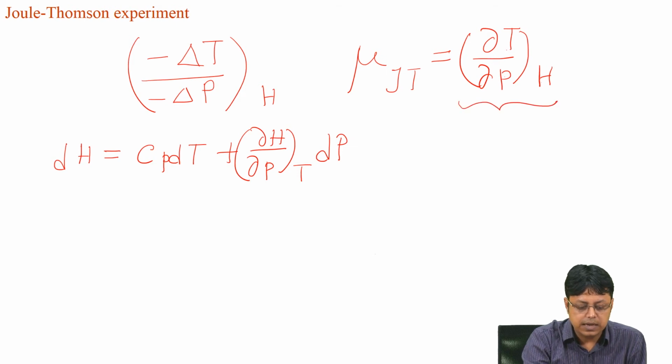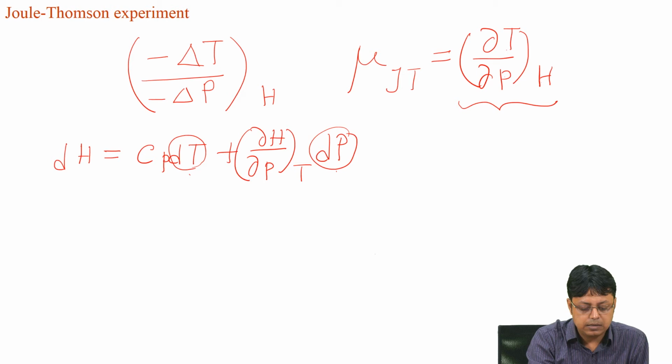So we can easily get it by taking a derivative del T del P, meaning actually we have to divide both sides by dP and somehow write this term as del T del P for constant enthalpy.